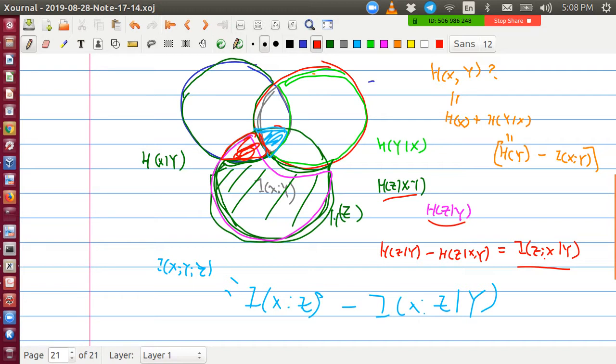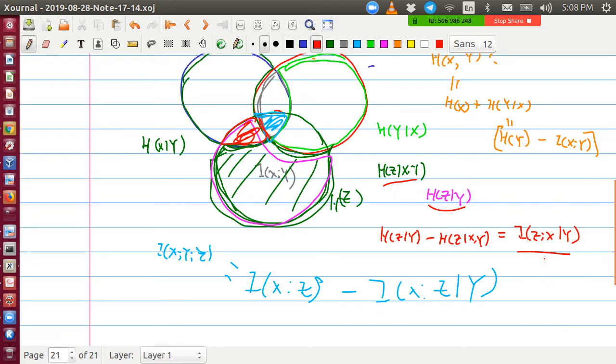So therefore this part is actually I(X;Z) minus I(X;Z given Y). But now you remember what we mentioned just earlier. I(X;Z) will be equal to 0 if X is independent of Z, right?